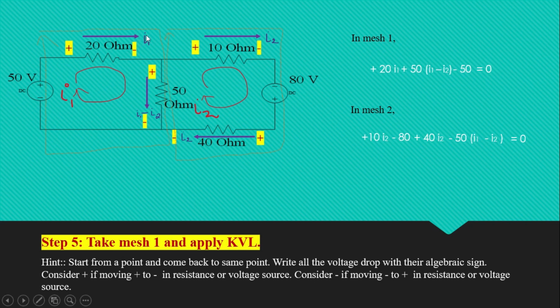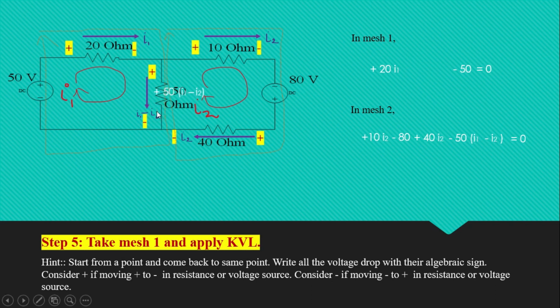Now second, you reach this point, and next you will go to this point. Now you have the 50 ohm resistance, and in this resistance the value of the current is I1 minus I2. So the voltage drop will be 50 times (I1 minus I2), and you are moving from plus to minus sign.